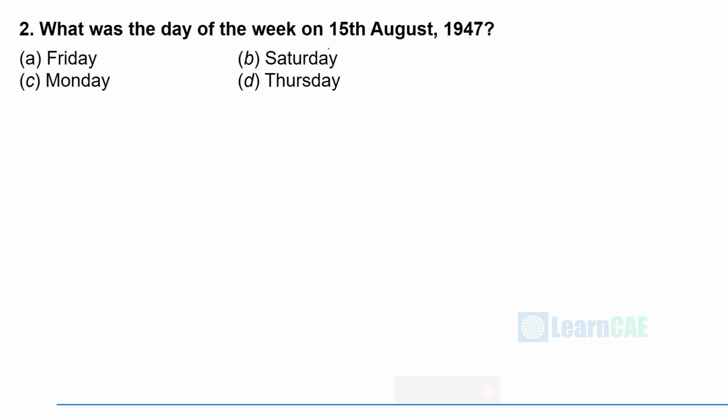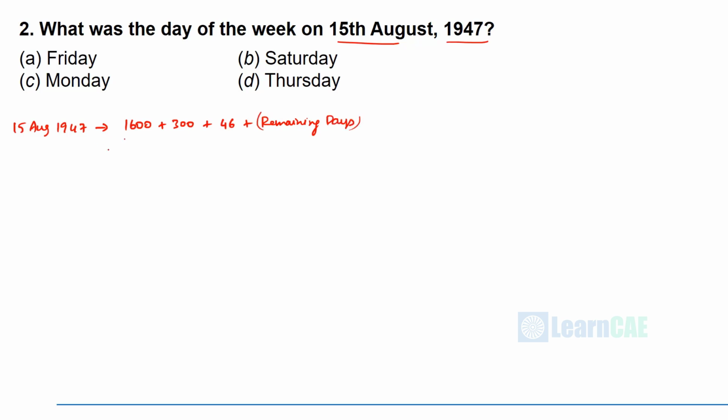What was the day of the week on 15th August 1947? So we can write this as 15 August 1947, which is equal to 1600 plus 300, that is 1900, plus 46 years plus remaining months and days.